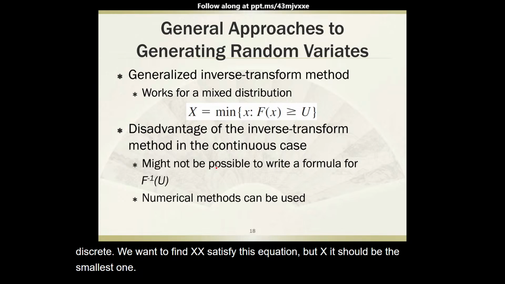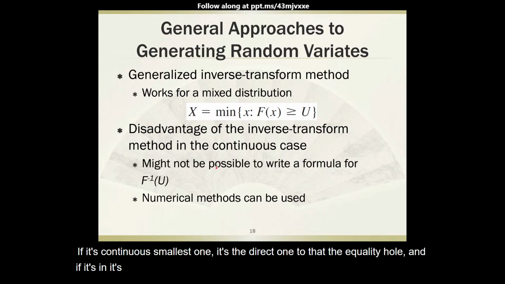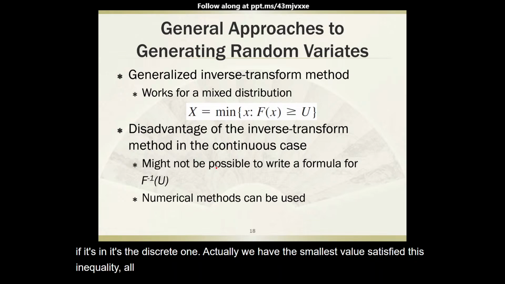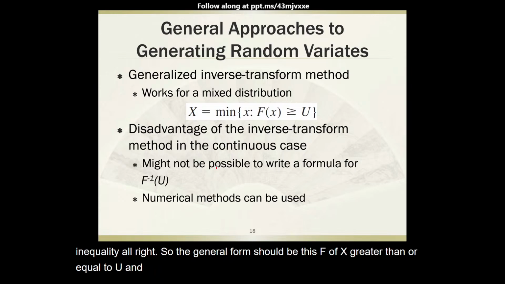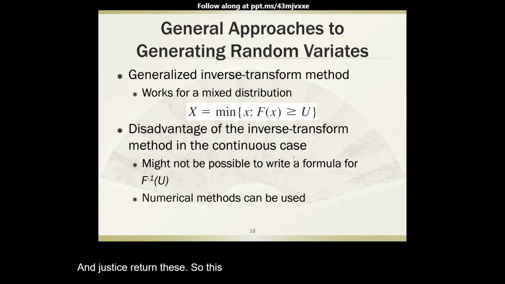If it's continuous, the smallest one is the direct one where the equality holds. And if it's discrete, we have the smallest value satisfying this inequality. So the general form should be this: F of X greater than or equal to U, and the smallest X serving as the value. That value will be the value for the variable. Then just return this. So this is the generalized one.